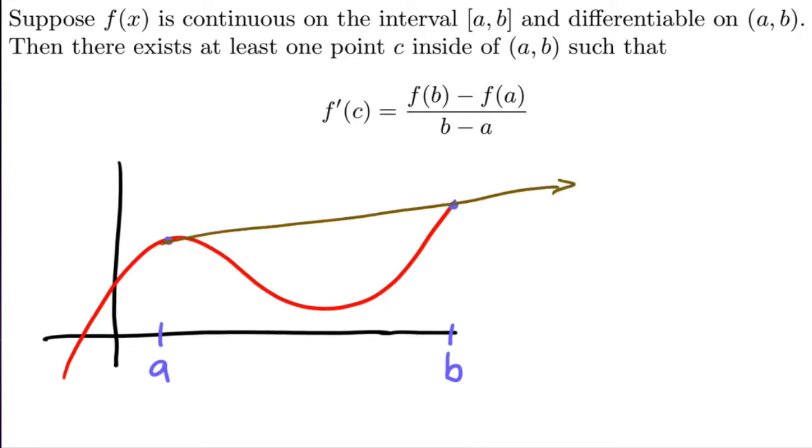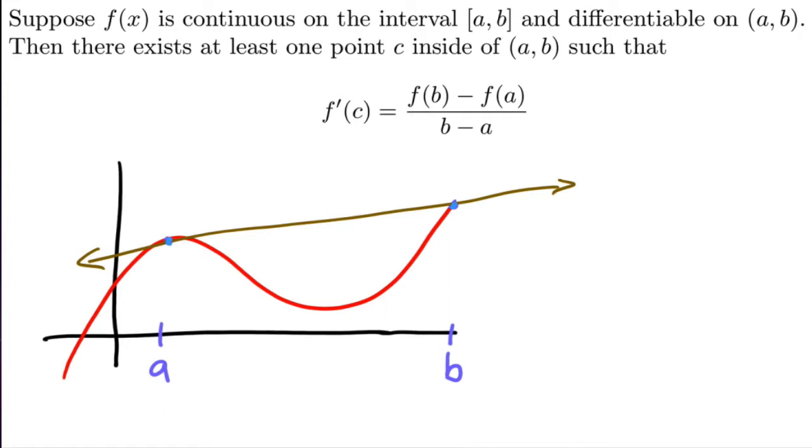so it looks like that, there's the secant line, then as long as the function's continuous and differentiable, there should be a point, at least one point, in between those two called c, where the slope of the tangent line is equal to the slope of that secant line.